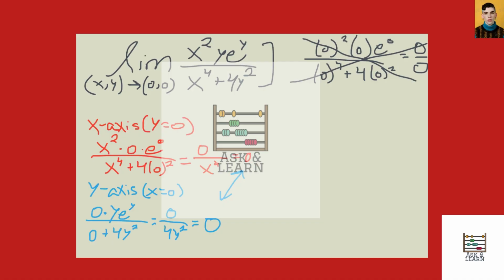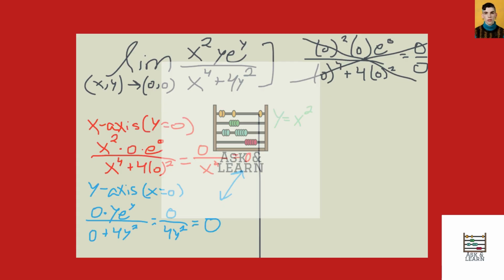So we can try one more path. And the path we use does not have to be linear. We used two lines, the x-axis and the y-axis, but it could follow a curve. So if we say the path follows y equals x squared, because that also passes through the origin, that could be the path that an arbitrary point takes.